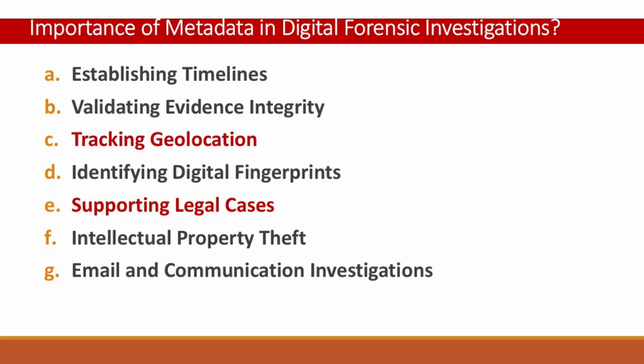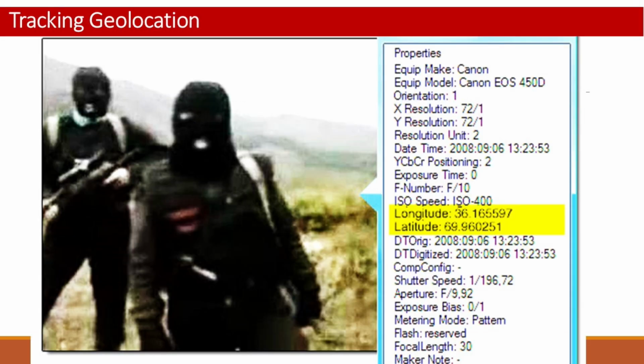Also, in the case of tracking geolocation, if you look at the screen, you see a picture of some criminal element, and the metadata of the picture is at the extreme right of the screen. The part highlighted in yellow is the longitude and latitude. That is the data that shows the geolocation, and it will show it anywhere in the world.